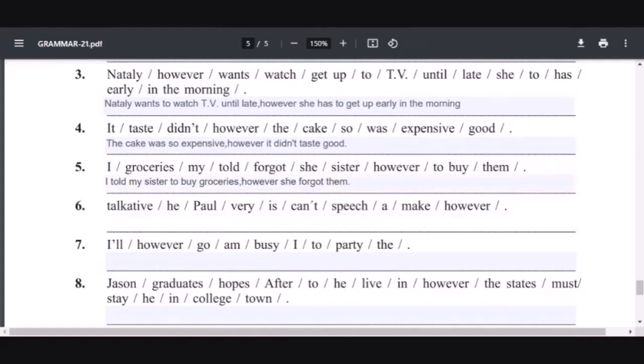What about number 6? Paul. Teacher, what does talkative mean? Oh, talkative means hablador. Okay.